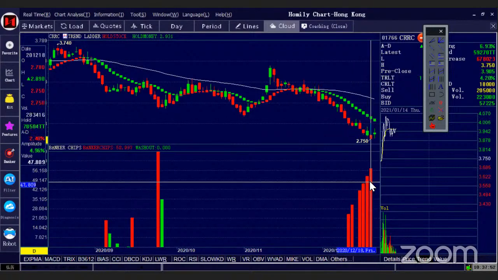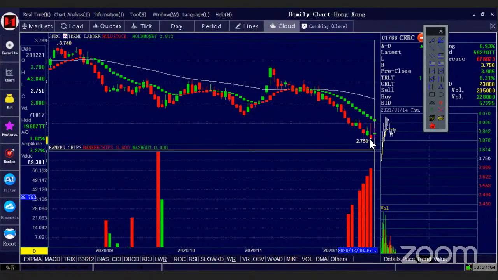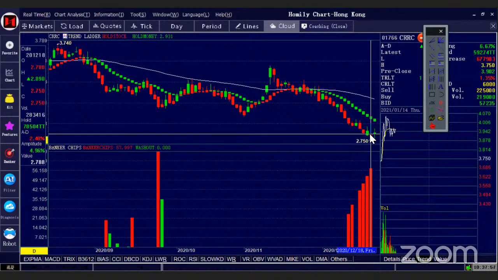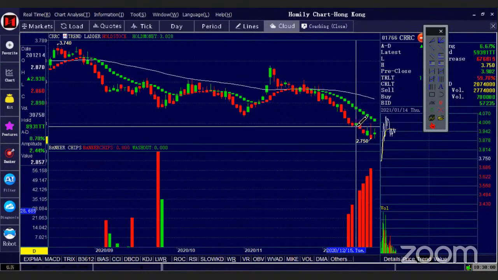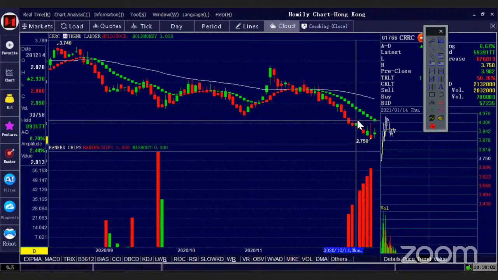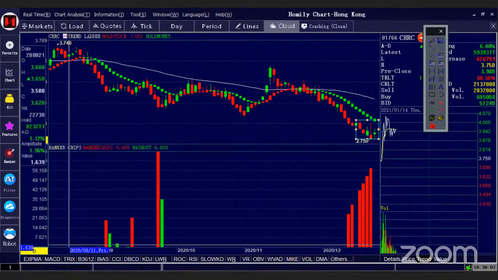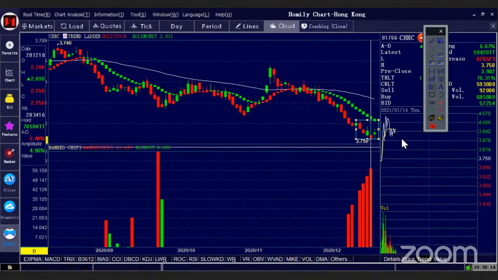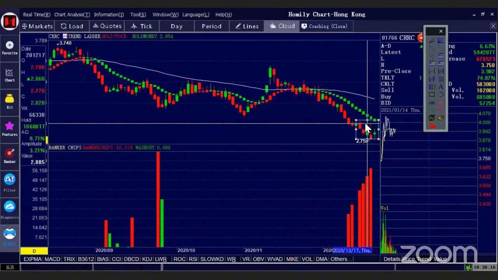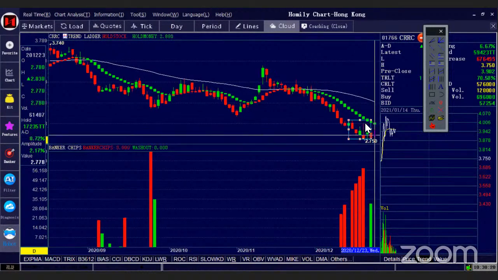The low price for this period would be the low of this candle. So you draw like this, covering the high of this candle and the low of this candle, right? So if in future the price can stand above the top, then it is successful, then we can consider to buy. We combine with the trend ladder, okay?